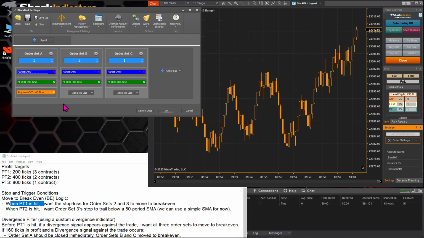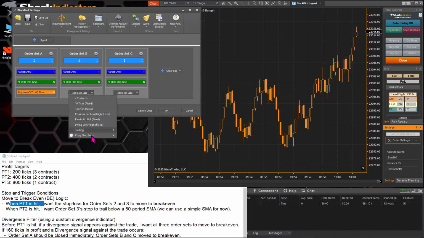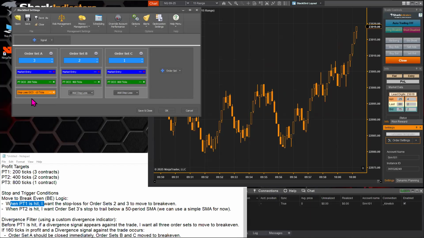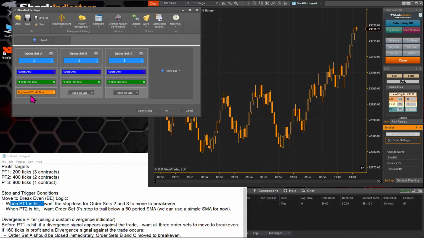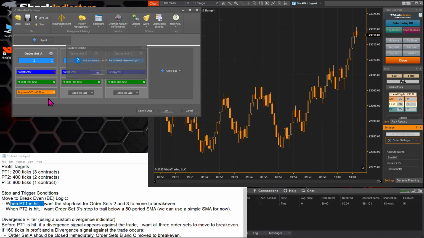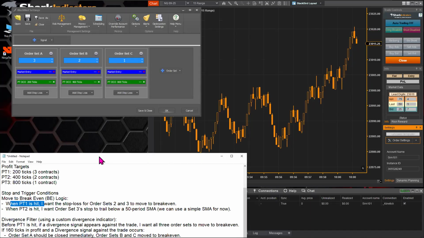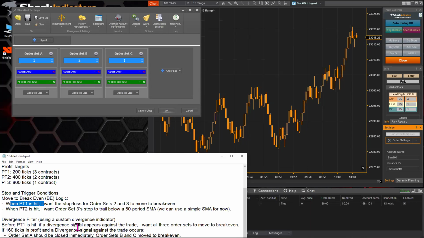To save myself a little bit of time, I want to be able to use the copy stop from A, and so on and so forth. That means I want to fill in as much of the stop loss trailing rules for A as possible. So we need to skip down here to the divergence filters.